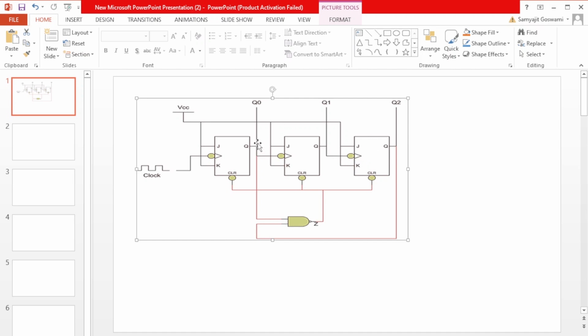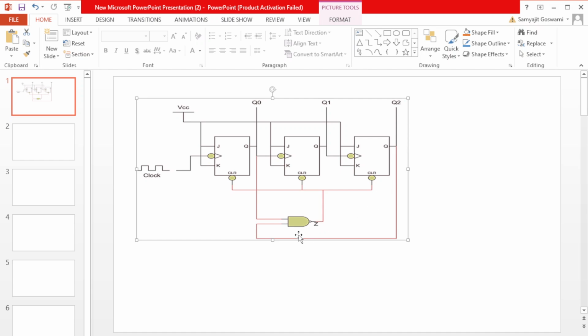Okay, and here J and K are all connected to VCC. Why are J and K connected to VCC? Because we know in the case of a JK flip-flop, when we connect J and K both as 1 and 1, then on applying the clock, it will continuously toggle. Okay, so here we have taken the Q0, Q1 and Q2 outputs.